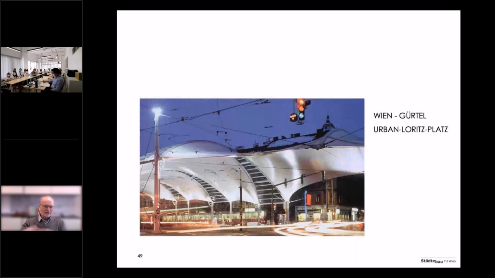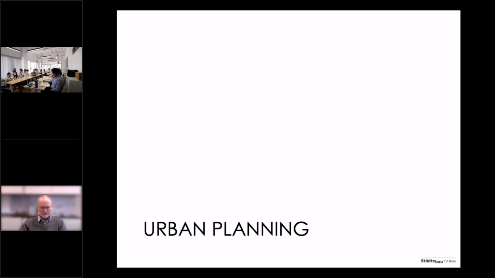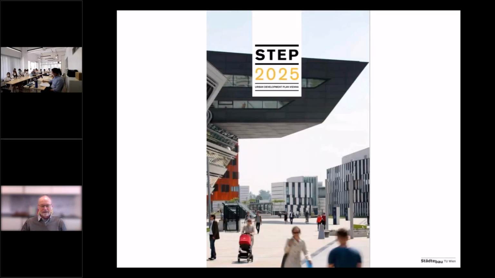And nowadays, we also have some landmarks that are covered transport hubs where you can change between different modes of transportation, from tramway to subway to bus and so on. This is all embedded in a strategy that is called urban development strategy.